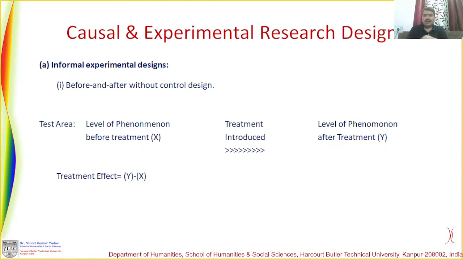If you recap the previous one, you will find that we talked about the causal and experimental design, and that too in two categories. Number one, informal experimental design methods, and number two, formal experimental designs.